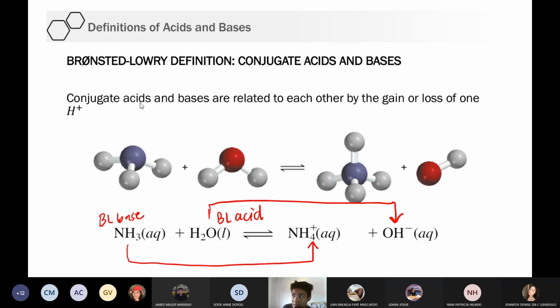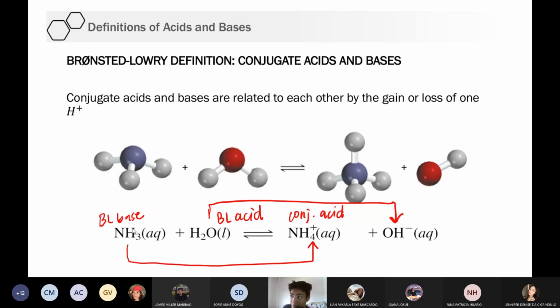Okay. So may tawag sa kanila. Tawag doon ay conjugate acid and conjugate base. Okay. So ano yung conjugate acid? If you have a Bronsted-Lowry base, it will produce a conjugate acid. Okay. So ganun lang. So kapag may base ka, it will produce a conjugate acid. Counterpart, conjugate, meaning nun, kabaliktaran.